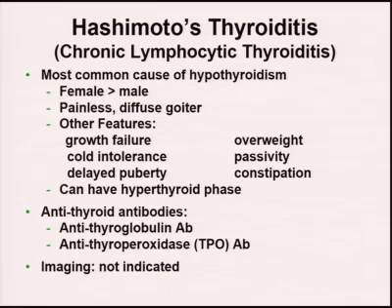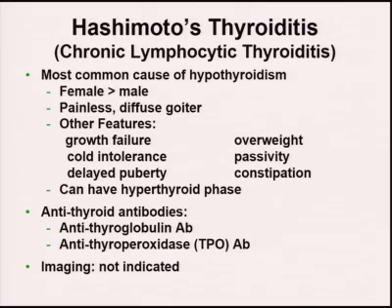So the features in kids: growth failure is pretty common. And then you can see a lot of other symptoms, many of which are pretty nonspecific and symptoms of modern life. We, of course, depend highly on the tests to really help us sort this out.